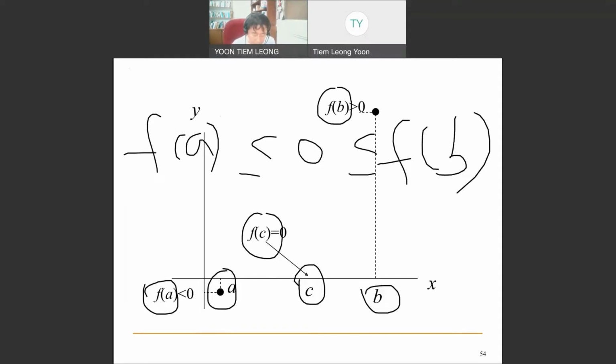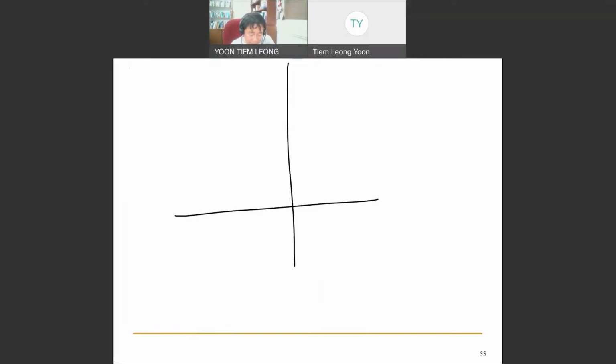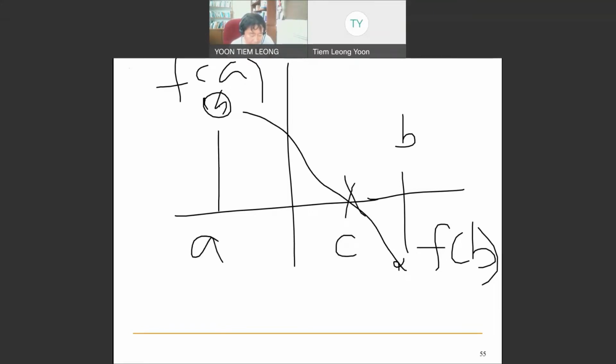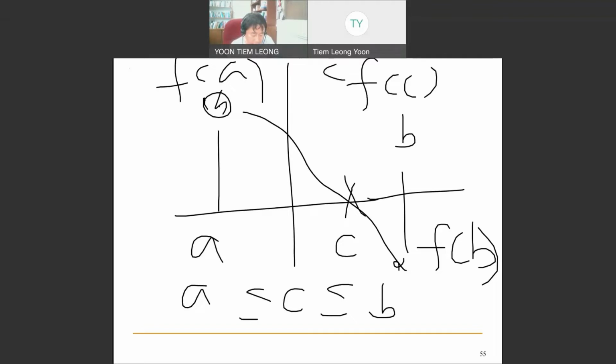So if you have a situation that is like this, where you have f(a) and you have f(b) here, so this is b, this is f(b). Okay. Then when you go from here to here, there must be a point c that lies between a and b, such that f(c) is always between f(a) and f(b). Say if this is equal to 10, and this is say -1, right?